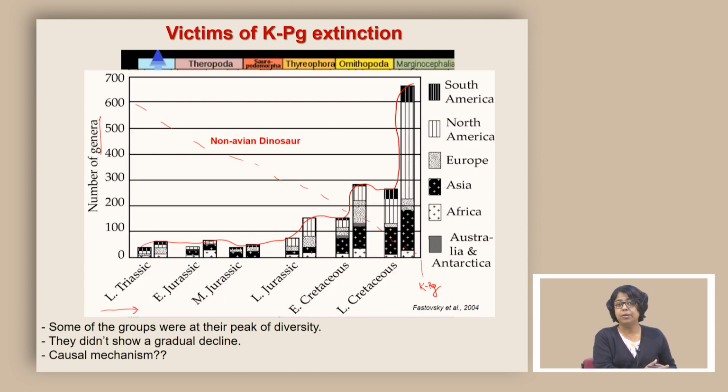This is another very important clue about what might have happened during the KPG boundary. And looking at all these patterns, people started thinking that this might have been a very abrupt event, because of which we do not see any gradual decline. Now, what caused the KPG extinction was a debate for a very long time.